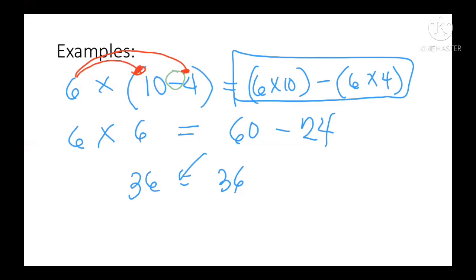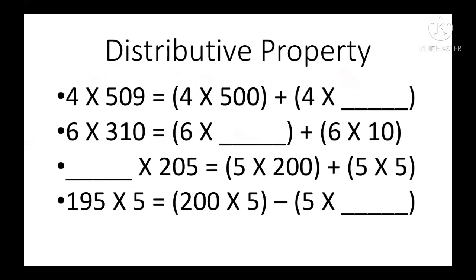Alright, good. Let's have some examples here. Let us find the missing number. 20 seconds for you to answer, and then we will answer it after that time. Your time is up.